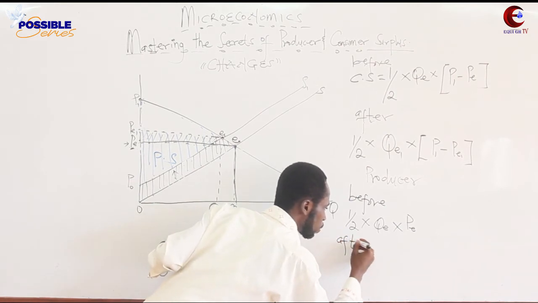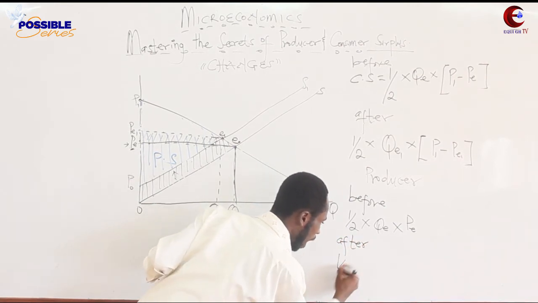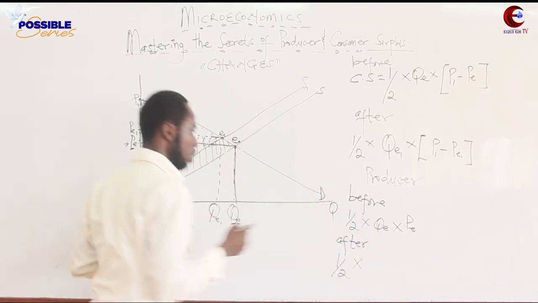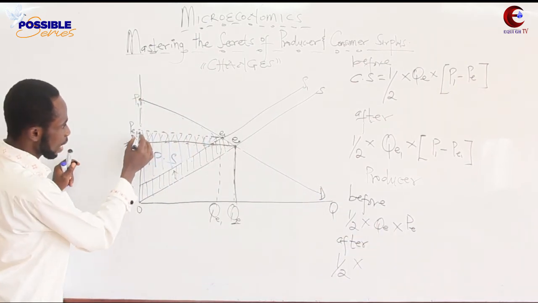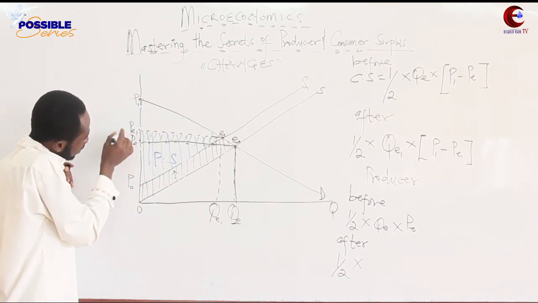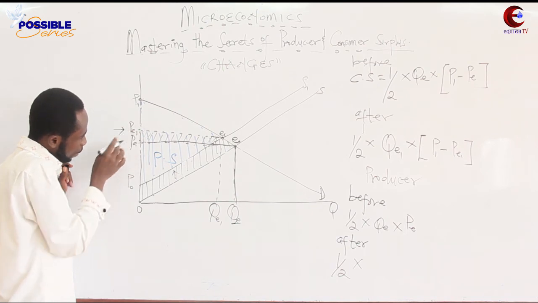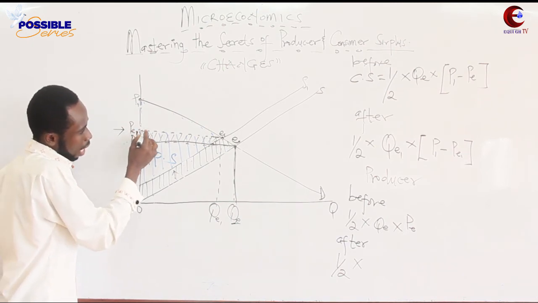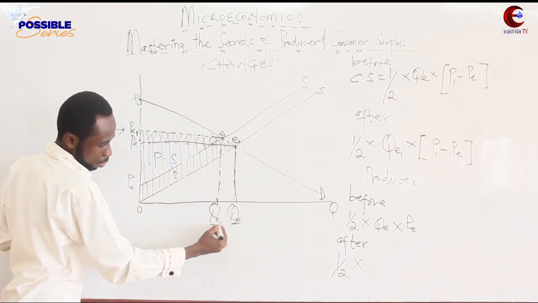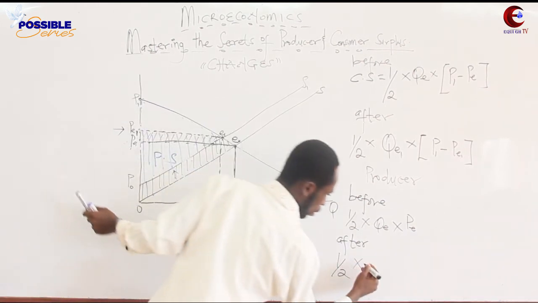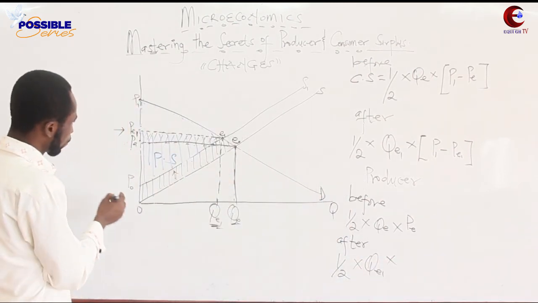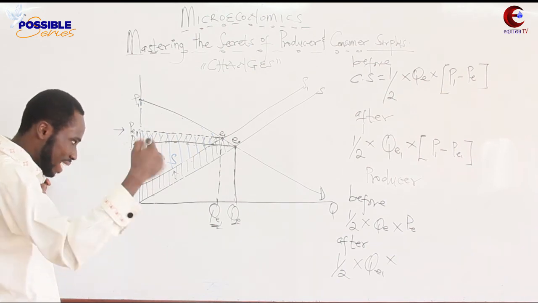After the change, it is half times the base. Now the base is here. After the change, we are talking about this one, P1. So after the change, we are talking about this base, QE1, times the price after the change.